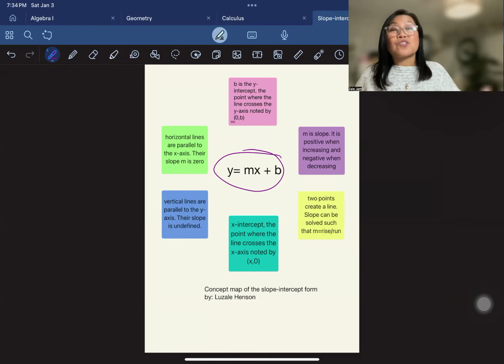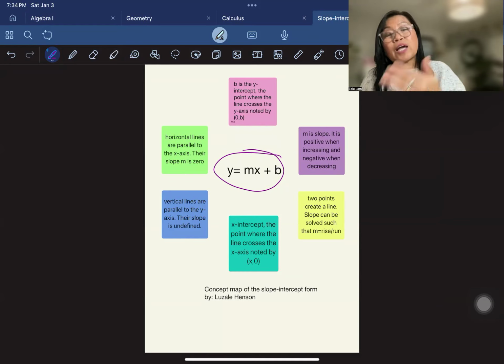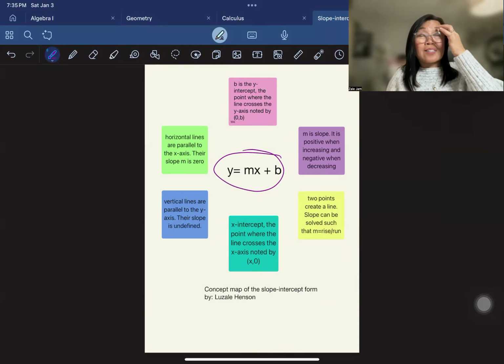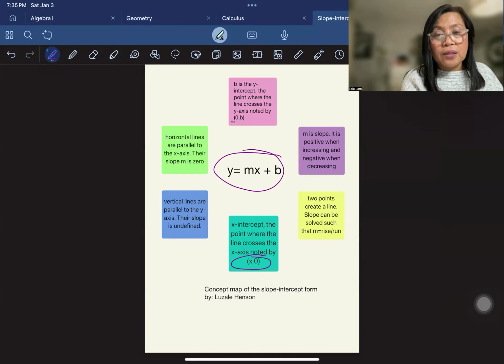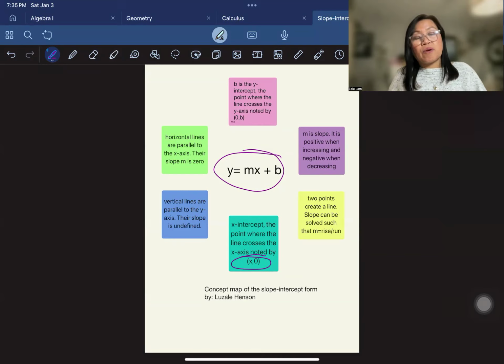X-intercept, I haven't discussed this, but I would like to include this one. X-intercept is the point where the line crosses the x-axis. In this case, your y should be 0. And so the point should have the coordinates x, comma 0, where x is any point on the x-axis.